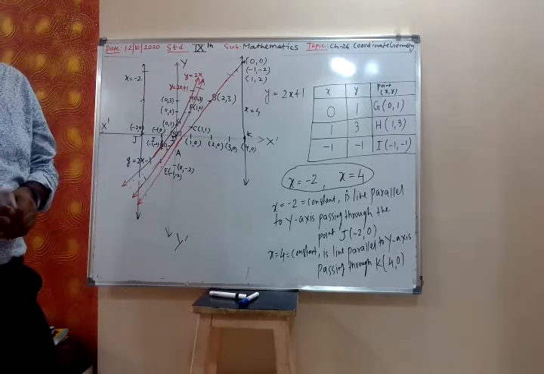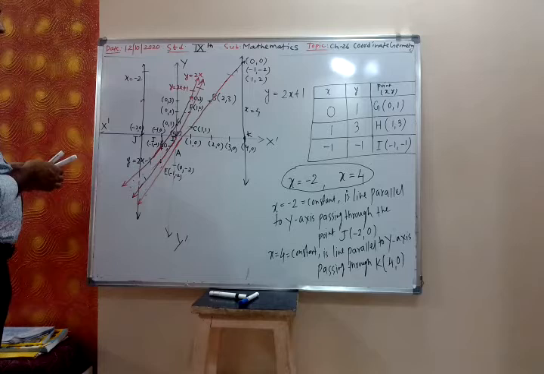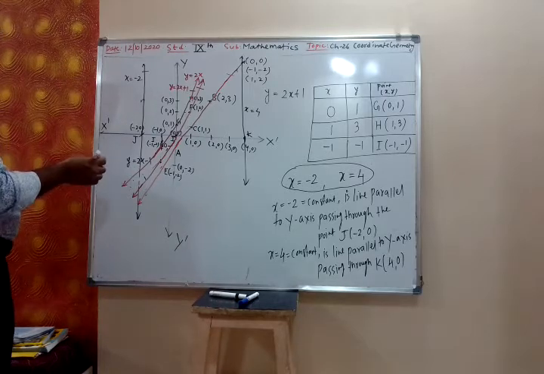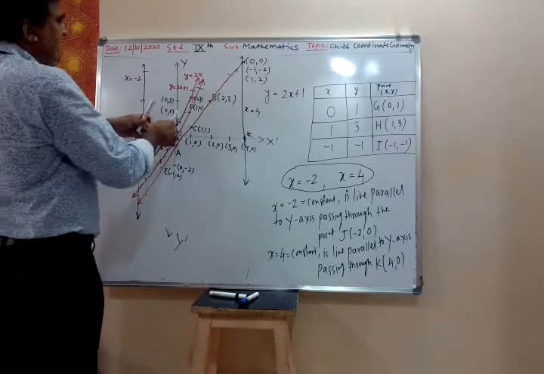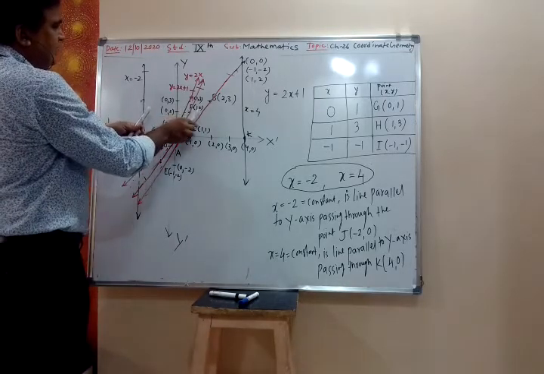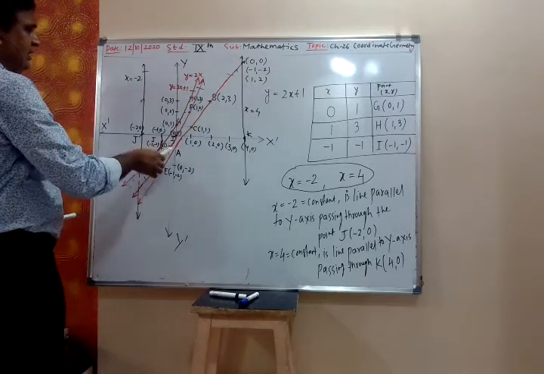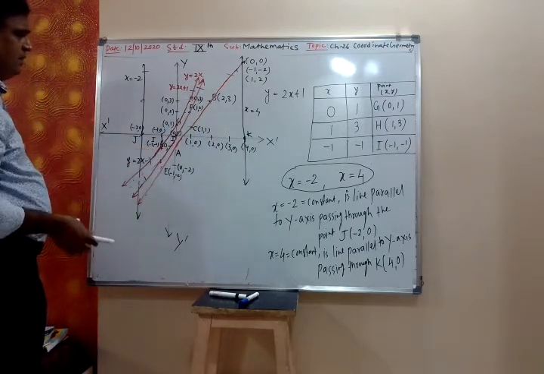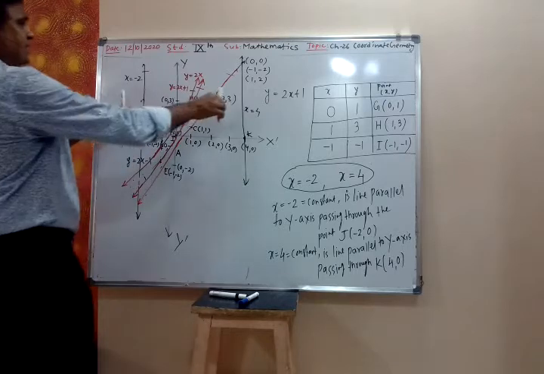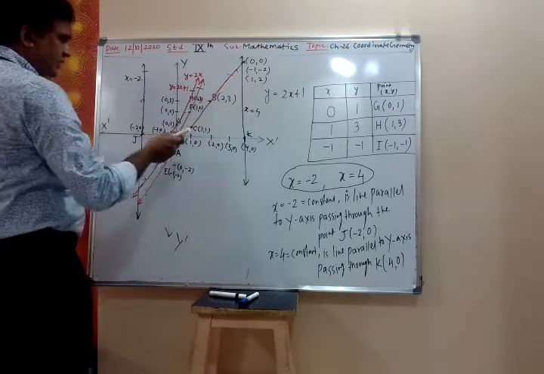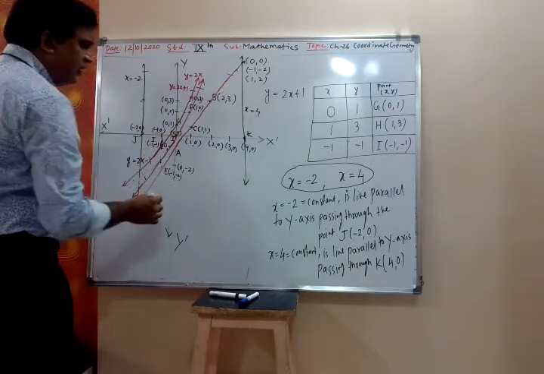When you draw all these 3 graphs properly, you will see that they will not intersect. None of the lines intersect each other. They are not intersecting. So all lines are parallel.